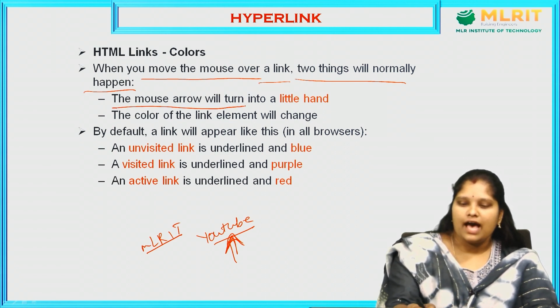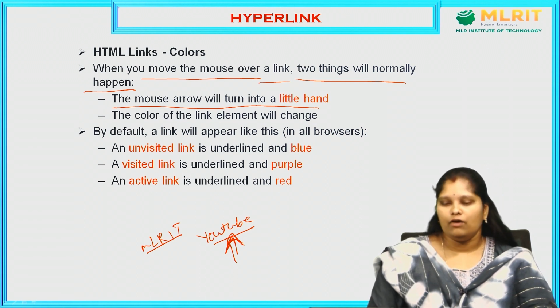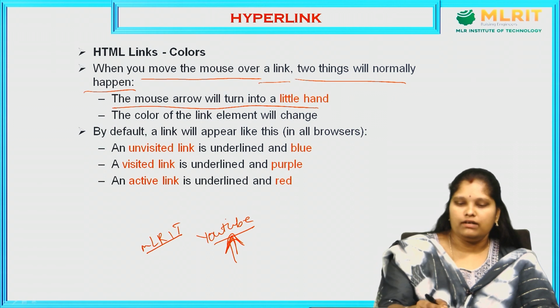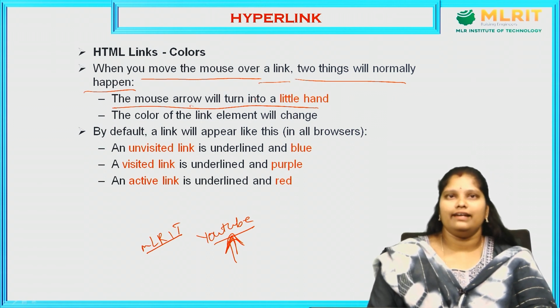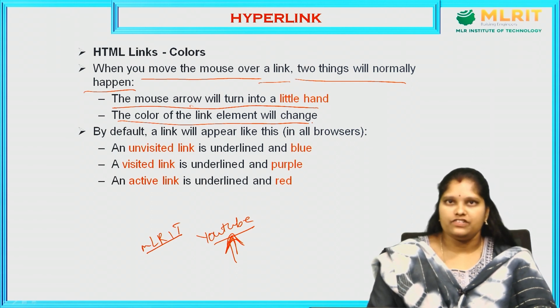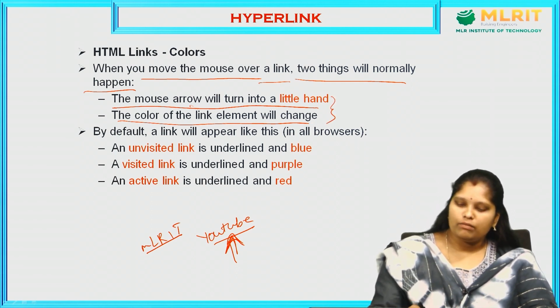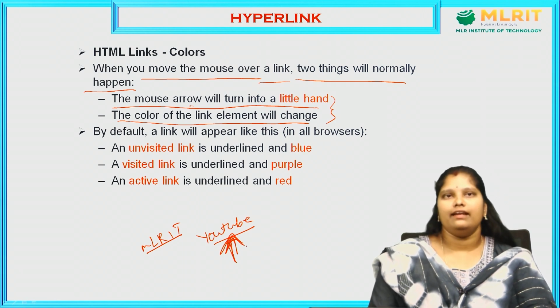The mouse arrow will turn into a little hand, as all of you have experienced. And the color of the link element will change. These two things happen when your mouse goes towards the link, right?